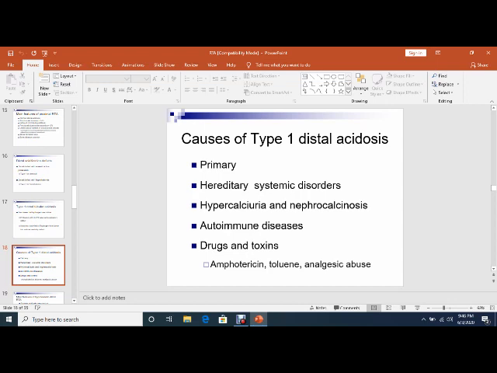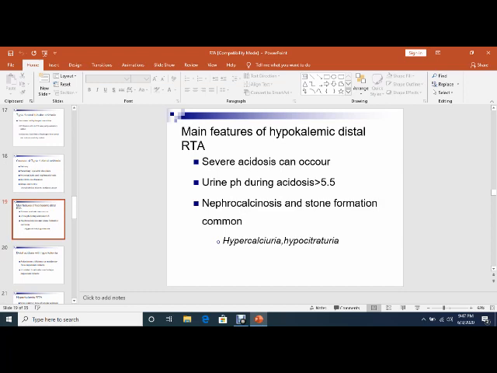Autoimmune diseases, lupus, and other connective tissue disorders. Drugs such as amphotericin B, toluene, and analgesic abuse lead to type 1 RTA.